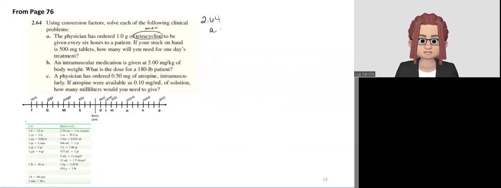The prescription, meaning what the doctor ordered, is 1.0 grams of the medication. And you can see that there's a specific time given, every 6 hours. So that means that that is going to be per 6 hours.